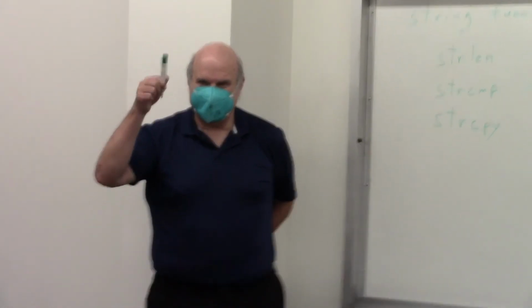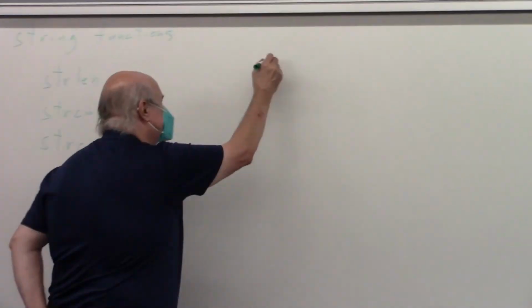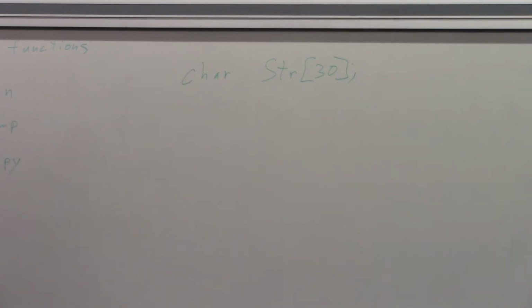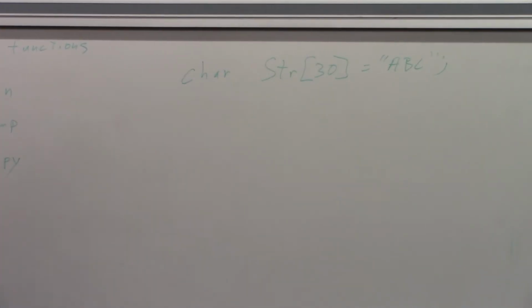So, what's the definition of a string by convention in C? That's a good start. Character array. For it to be by convention a string, what do the contents have to have? Either with a null character. The compiler, if you do that, will put the null character in for you.